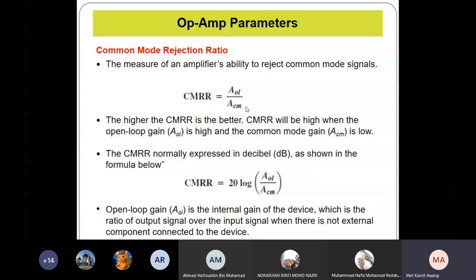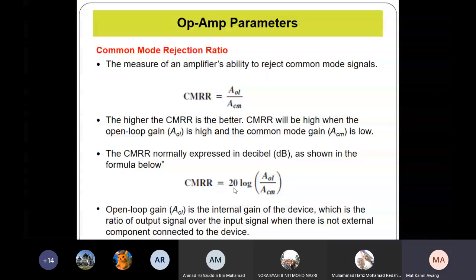So you need to have ACM as low as possible. This expression is normally expressed in decibels, dB, where you take 20 log of this value. That is how you convert from the absolute value to dB: you take the log and multiply by 20, right?